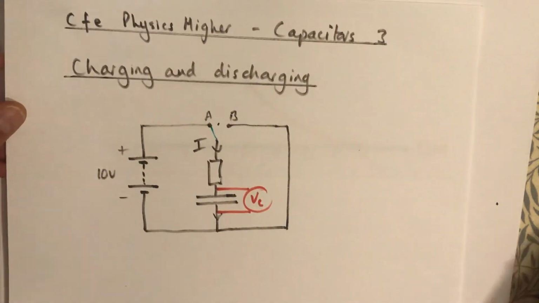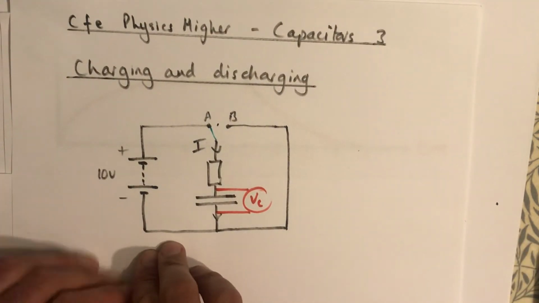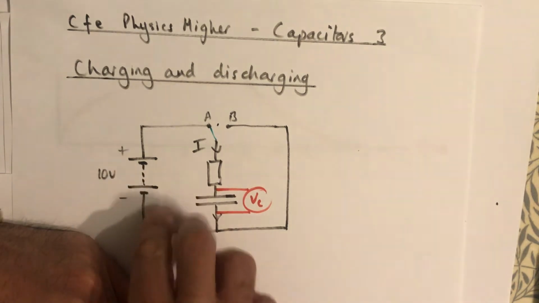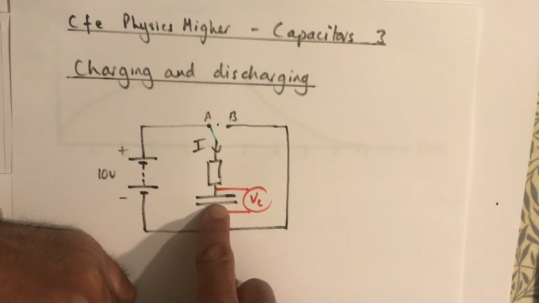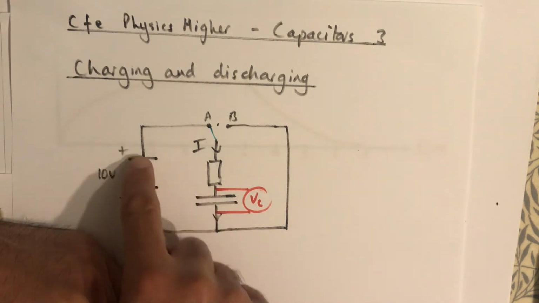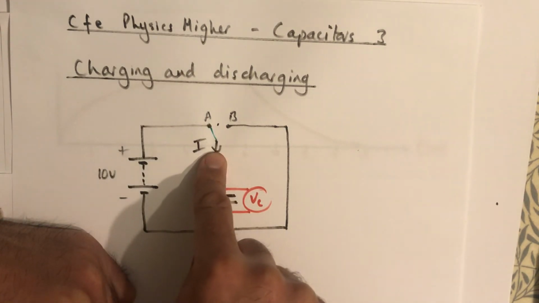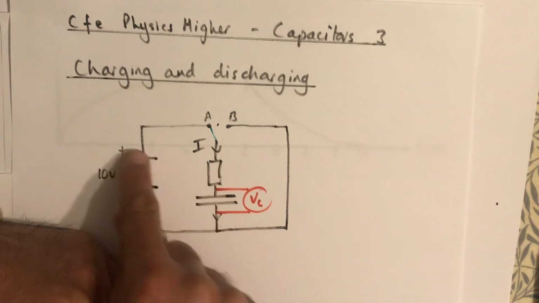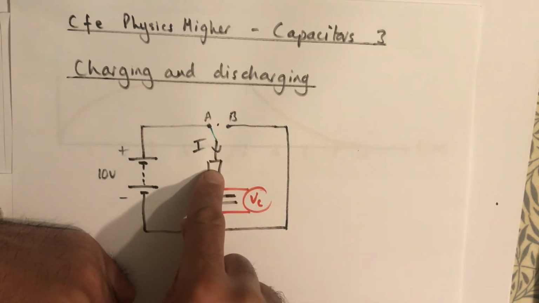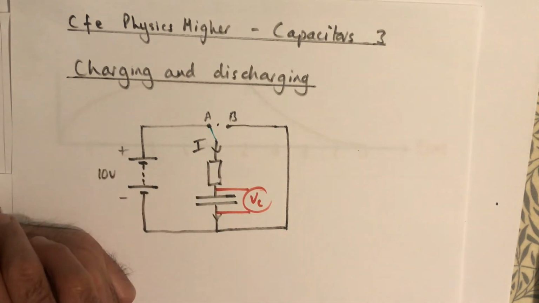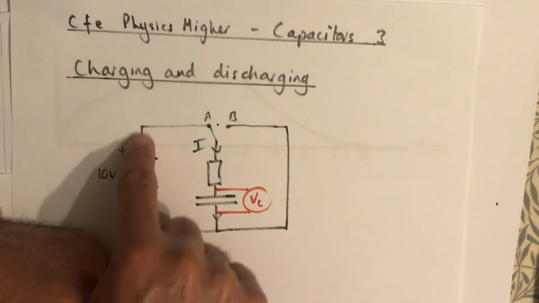Now, if you think about this, we'd have positive charge appearing on this plate and negative charge appearing on that plate. And if you imagine the flow of positive charges being where the current indicates on your ammeter, a positive current is a flow coming out of the positive terminal. I know it doesn't really exist, but let's just play along with that for the time being.